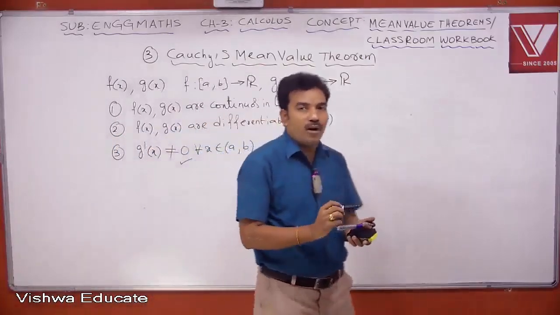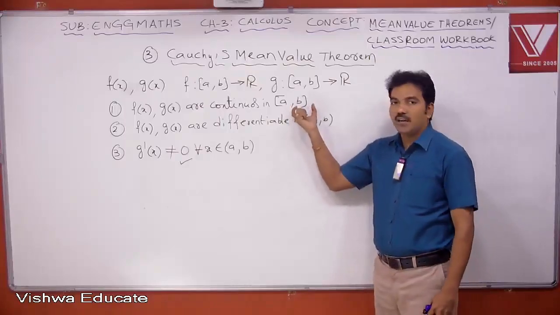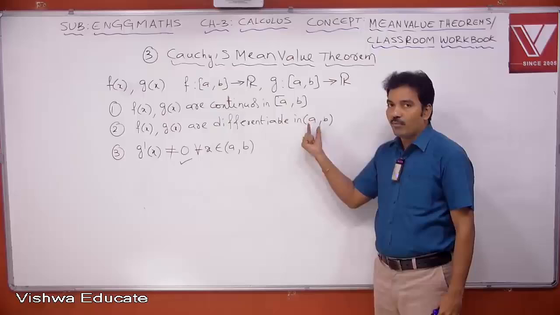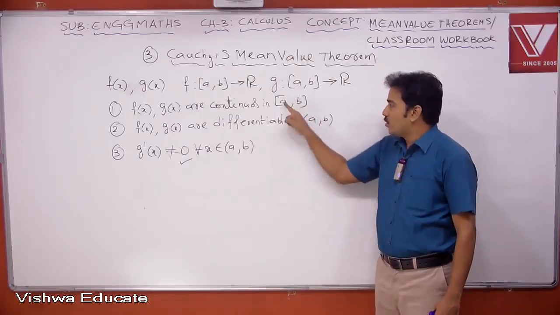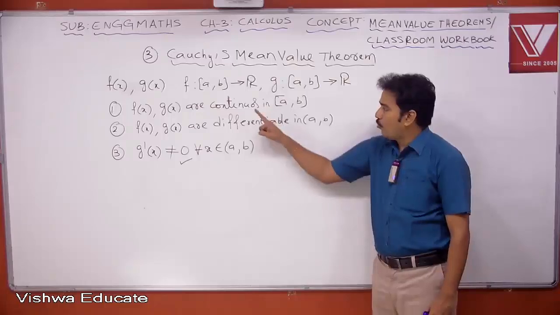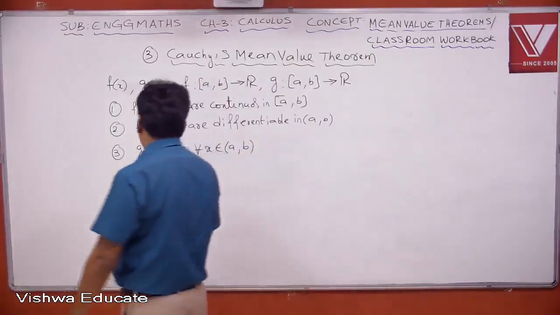When you look at the first two conditions, what are they? Both are continuous in the same interval a comma b and both are differentiable in the same open interval a comma b. So when you try to apply Lagrange's mean value theorem separately for f of x and g of x, my conclusion becomes like this.